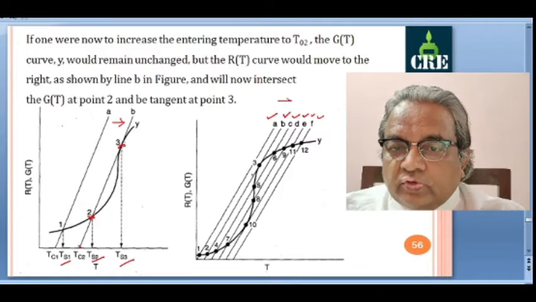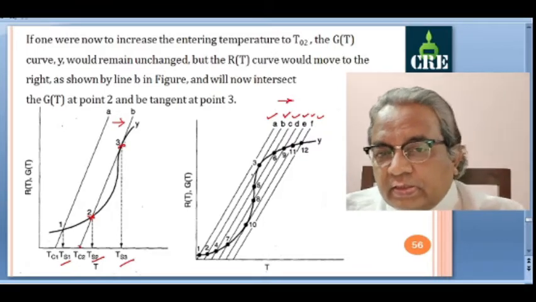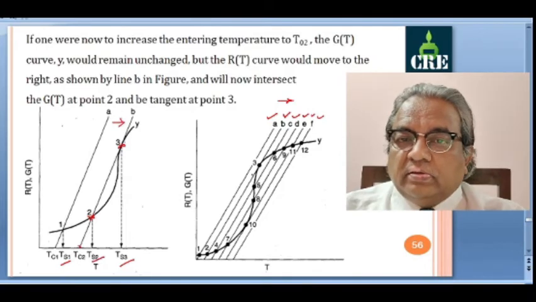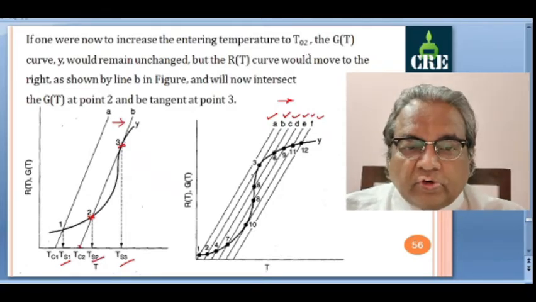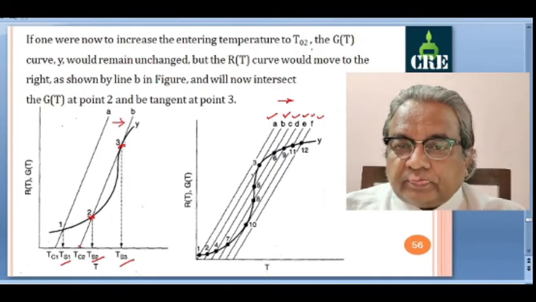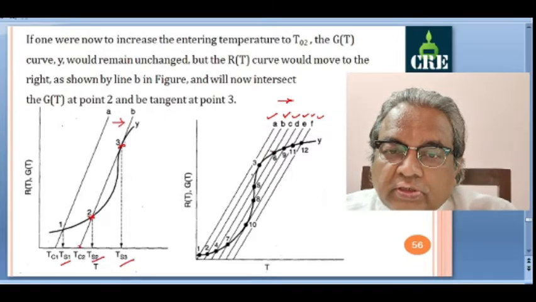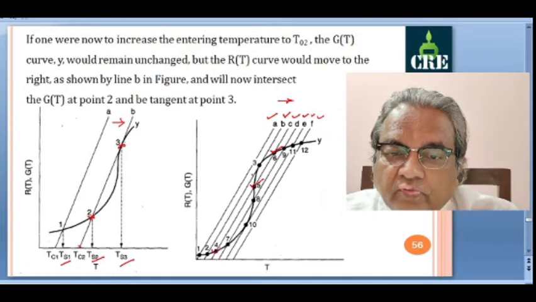Again you shift towards the right by increasing the entering temperature. So you will have the corresponding value of Tc3 with respect to T03. Now if you look at the third curve C, it is crossing at point number 6, point number 5 and point number 4.